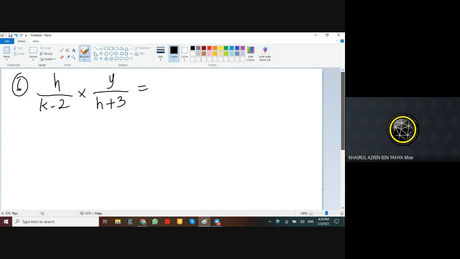H times Y is HY over K minus 2 in bracket, H plus 3 in bracket. So for today's lesson, enough until here only. No need to expand everything. However, when you go to form 4, form 5, I think better you expand the denominator, K minus 2, H plus 3.